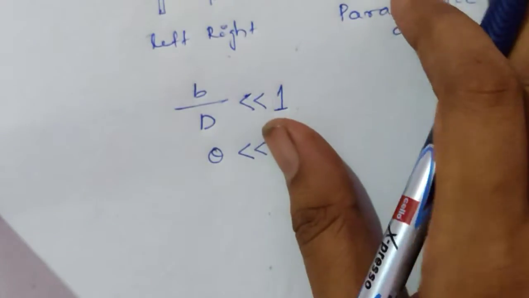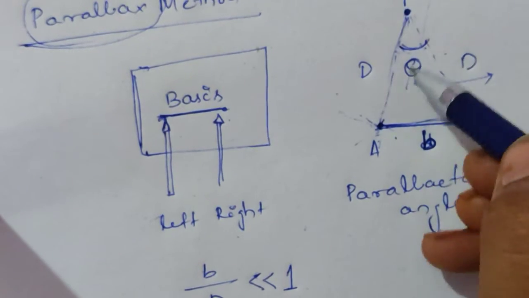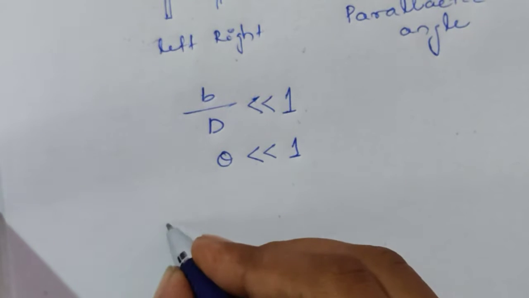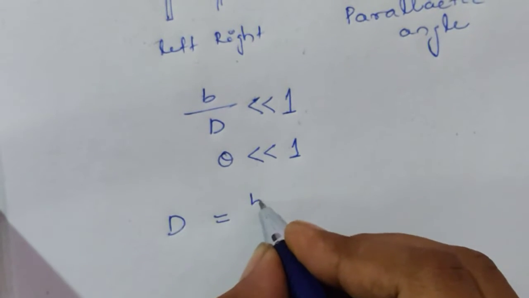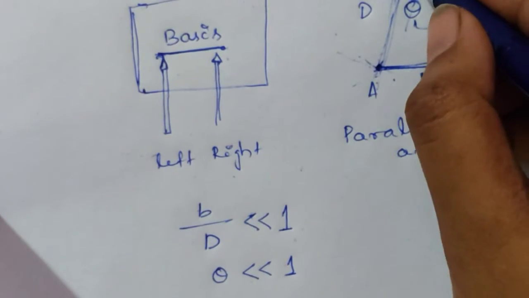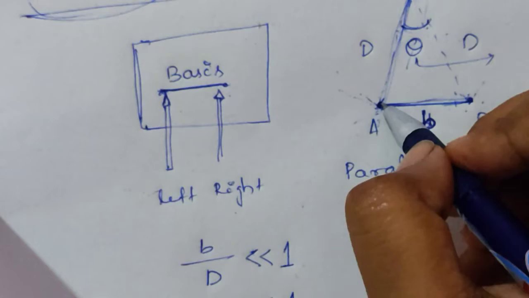So now we can write this distance D as D equal to B upon theta. Now this is what we want to measure, right? This is the distance of the planet from the Earth's surface.